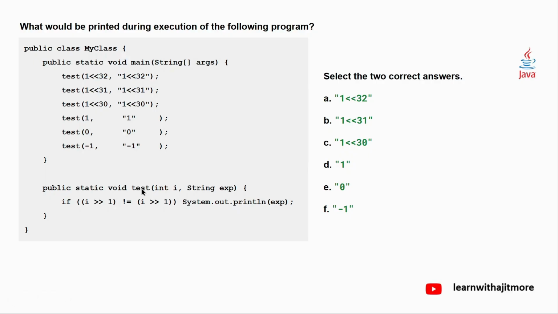If it's an instance method, then you have to create an object and with the dot operator call object dot test. As it is static, directly class name, MyClass dot test. But when I'm calling it, I'm not even writing the class name because I'm calling it in the same class. When you're calling it in the same class, no need to even write the class name. And what you are passing is one integer and one string. Inside, what it is doing is shifting that integer to the right side. Getting? Again, here one mistake I've done.